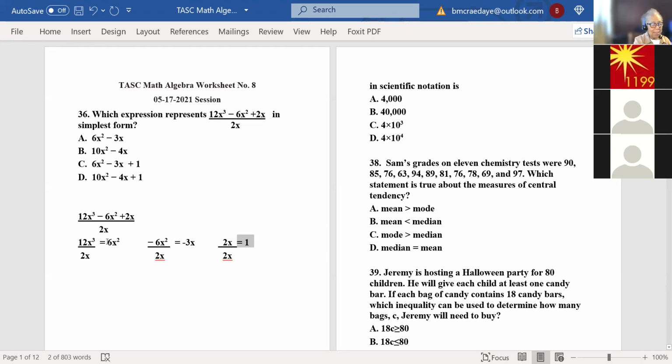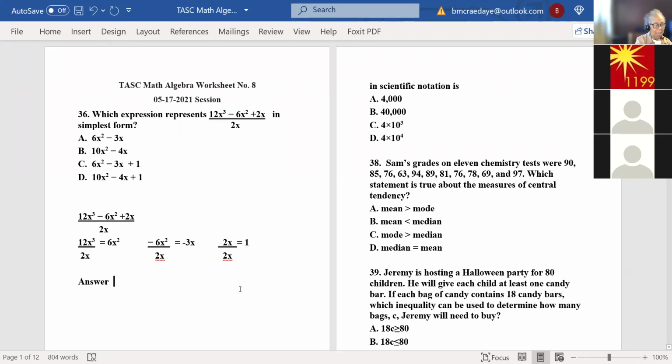Now, when you combine these together, you have 6x squared minus 3x plus 1. So what's your answer, Vanessa? Combine these, 6x squared minus 3x and a plus 1.